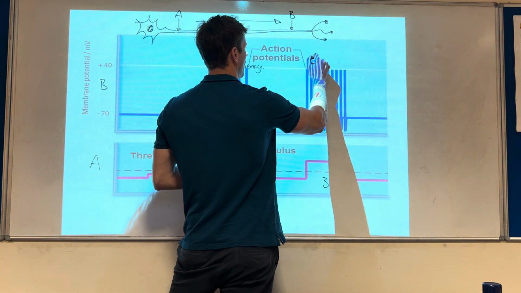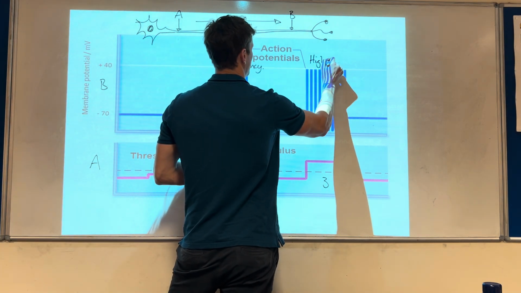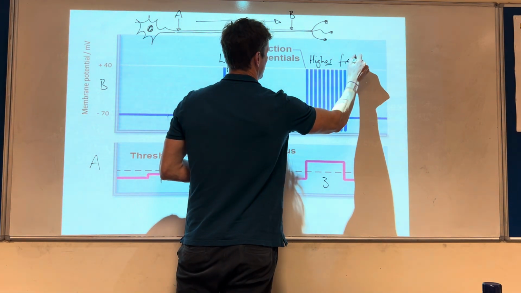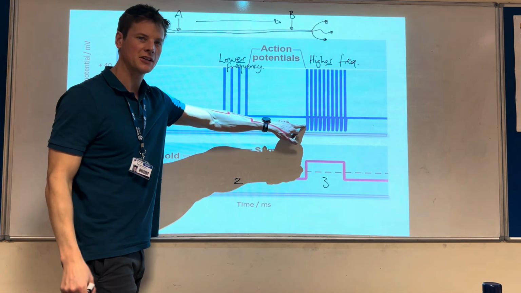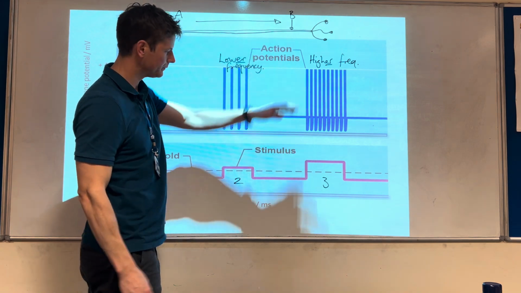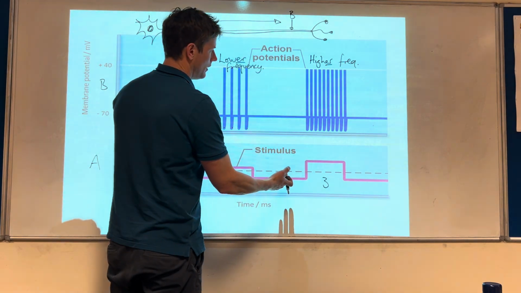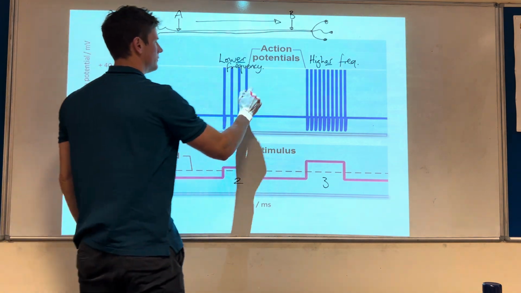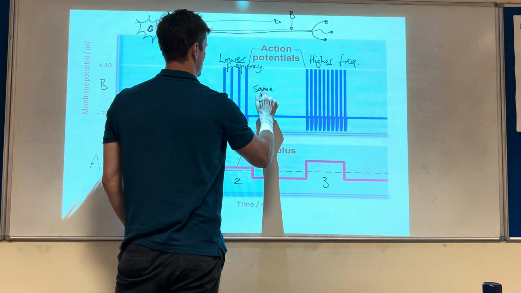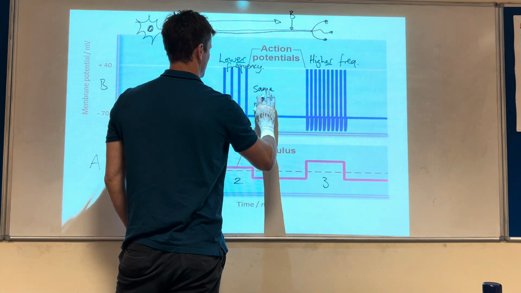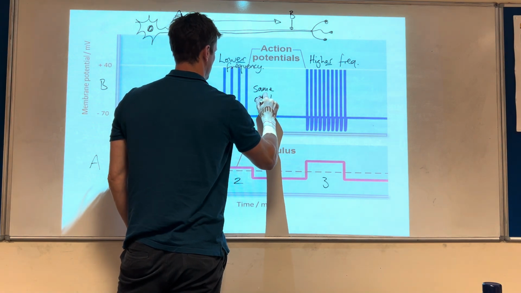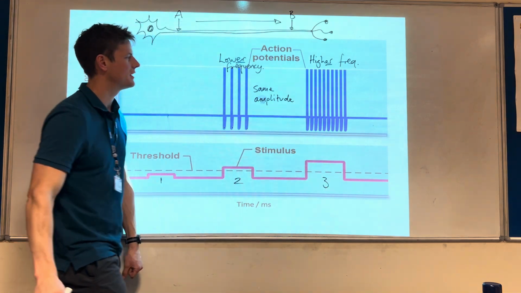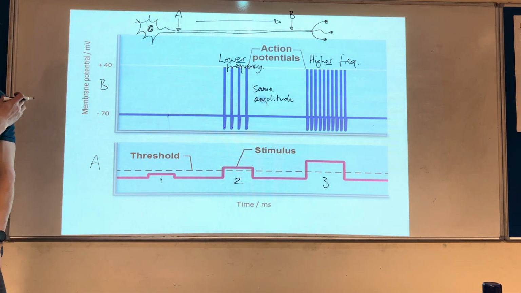So you get a much higher frequency of action potentials at point B, but the amplitude is the same. It's got the same amplitude, but the frequency is much greater.